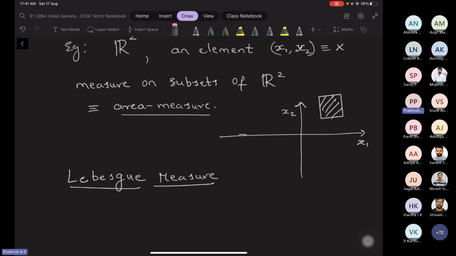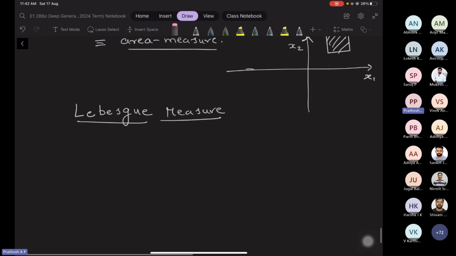So again, I'm defining it. It's basically a set function that takes subsets of a given set and maps them to a non-negative real number, such that there are some properties. I'm not going into details. One property is that every measure, by definition, has to be non-negative: for any set, it has to be greater than or equal to 0. The other is that the measure of the null set has to be 0.